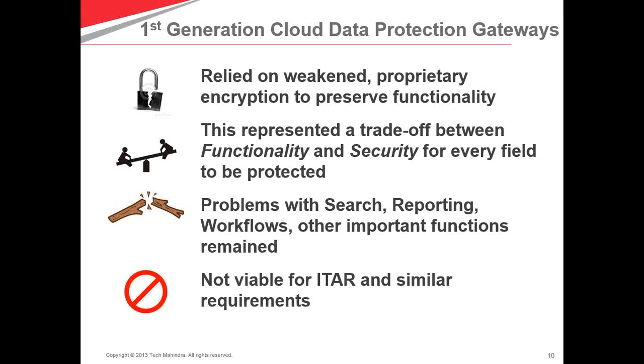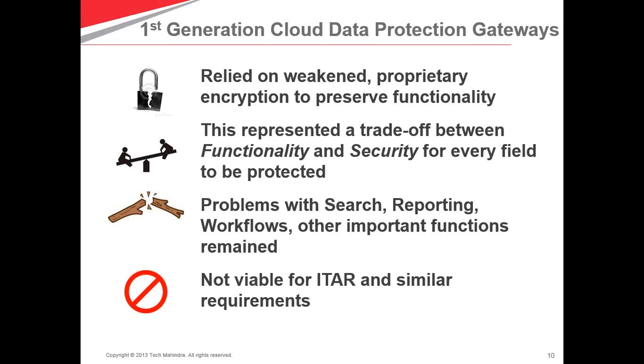And in the first generation of these gateways, which I've had a great deal of experience with, for example, when you would tokenize a field, so that would be you actually place a token in a field, and then that token basically goes up to a key. It basically encrypts that field, and it doesn't allow for anybody anywhere to be able to read the data in that particular field.